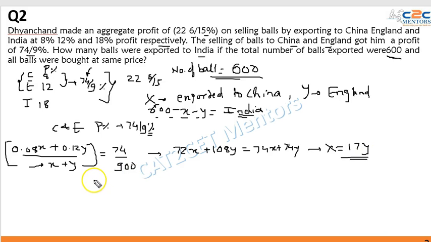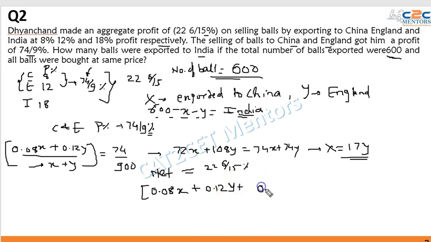Now we also know that the net profit is equal to 22.6 by 15%. Now writing this in terms of equation, there is an 8% profit while selling it to China, plus there is a 12% profit while selling or exporting it to England, and there is a profit of 18% while exporting this to India.